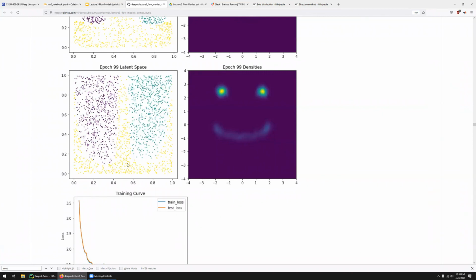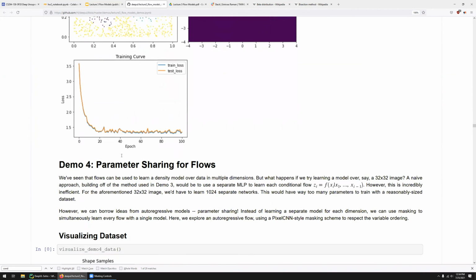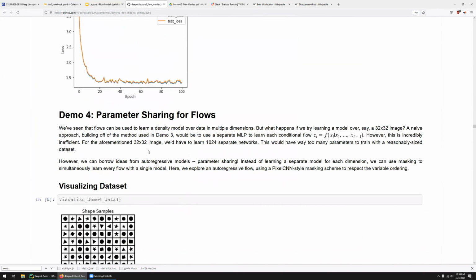I think the latent space wants to fill up everything. That's the other thing I noticed, the yellows go all the way up. So interesting to know how the latent space is. Yeah, parameter sharing. I think the other one didn't have parameter sharing. I'm not sure, because the condition was only on the dimension and not on what actual data was there.